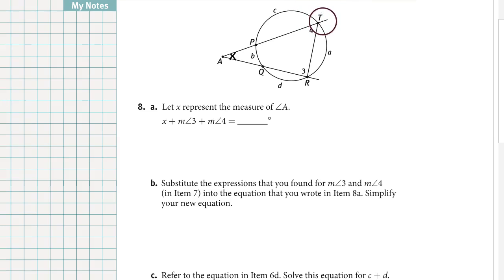But notice that x and angle 3 and angle 4 are the three angles inside of a triangle shape. So all three angles of a triangle add up to 180 degrees. A question that at first sounds like it'd be very difficult is actually very straightforward if you look with your eyes and look for shapes that you know about.